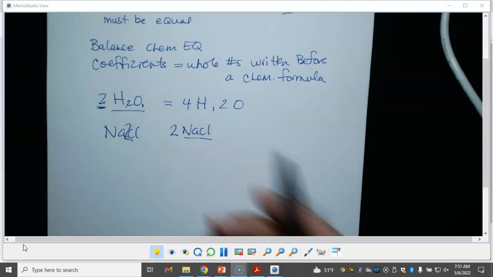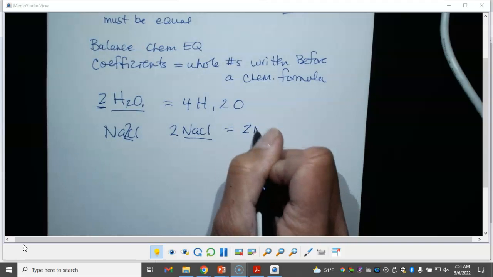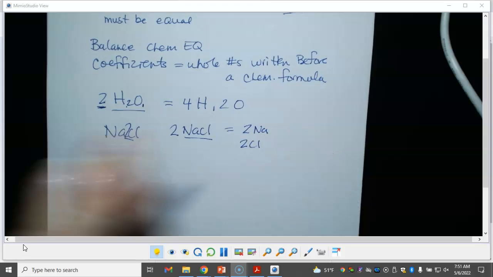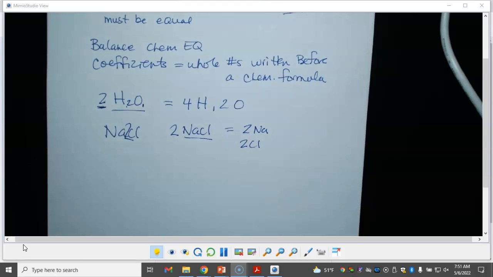Or it would also tell me that I have 2 sodium atoms and I have 2 chlorine atoms, okay? So what we do is we use these coefficients that we write in front of our formulas to show the law of conservation of mass, okay?